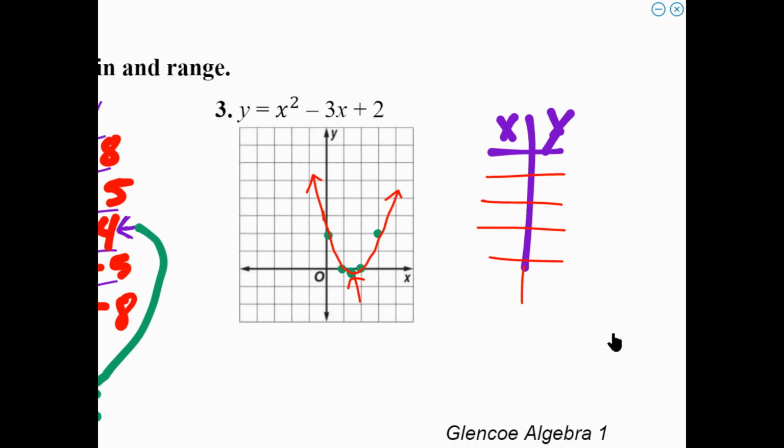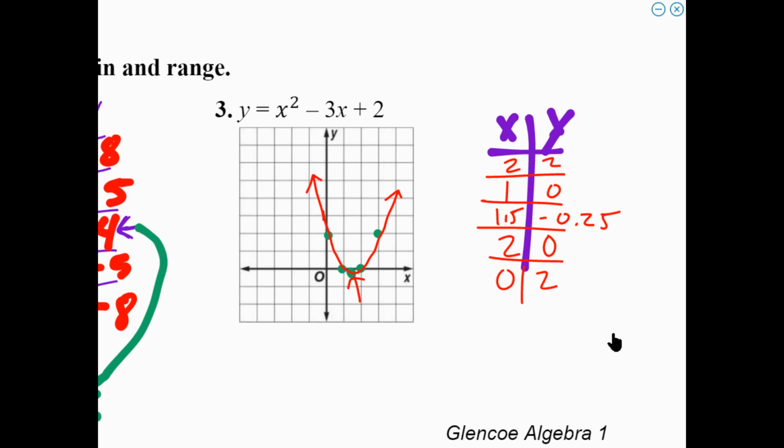So now I know what my vertex is. It is 1.5 and negative 0.25. And then 1 and 2 are both at 0. Those are my zeros. And then at 2 and 0, I believe is it 2 or is it 4?